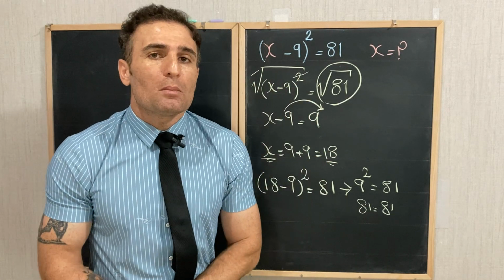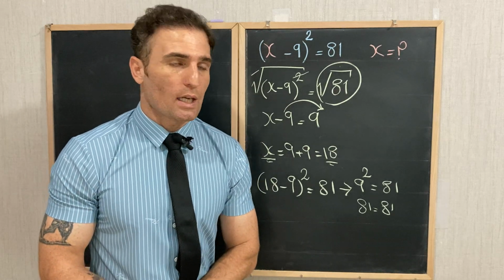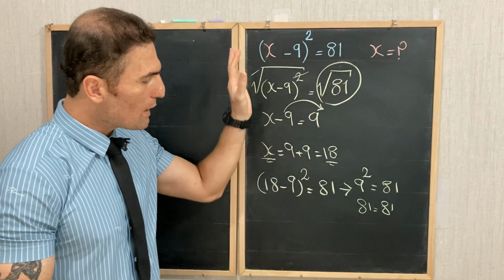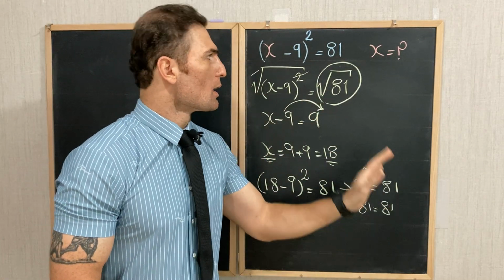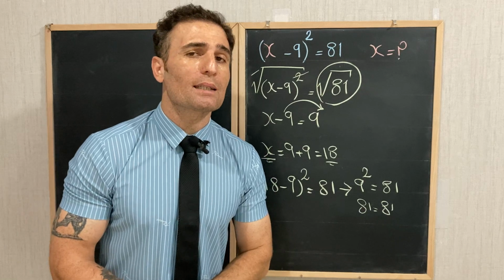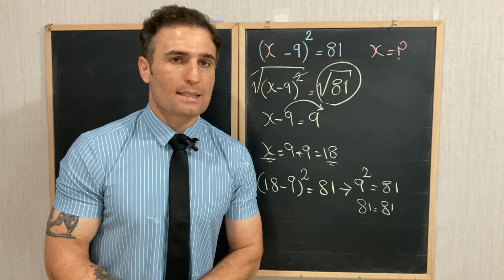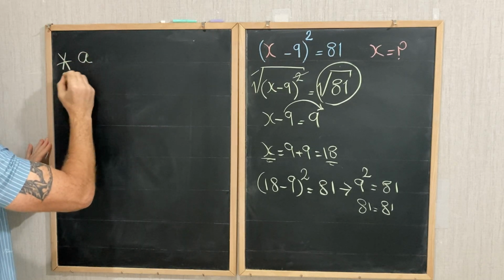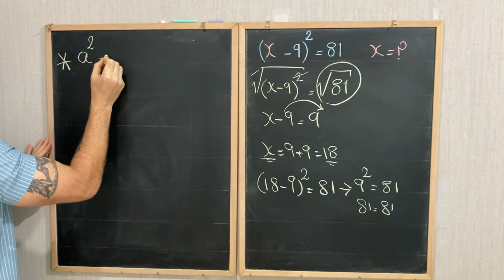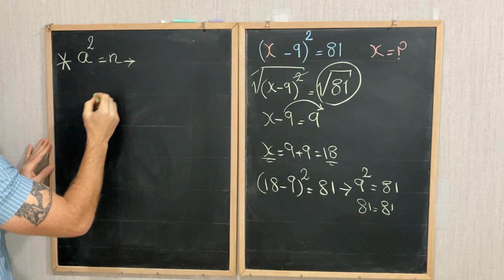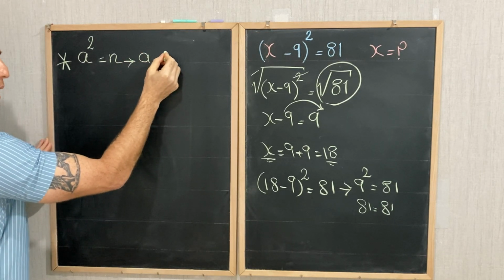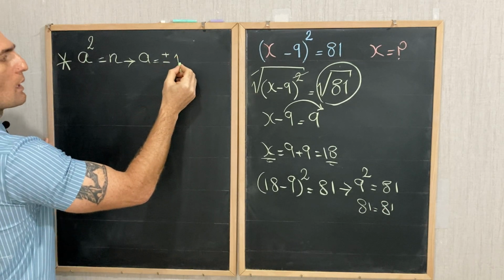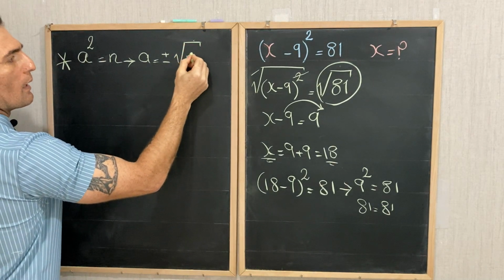So let me show you my solution and show you how we can solve this type of question and where the mistake is. To solve this type of question, we can get help from a math rule that says, let me write it here: if a to the power of 2 is n, then a is positive and negative, both positive and negative, the square root of n.